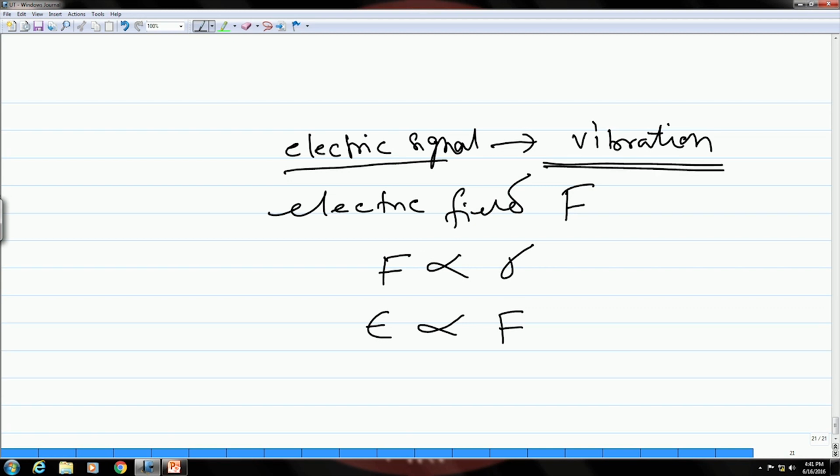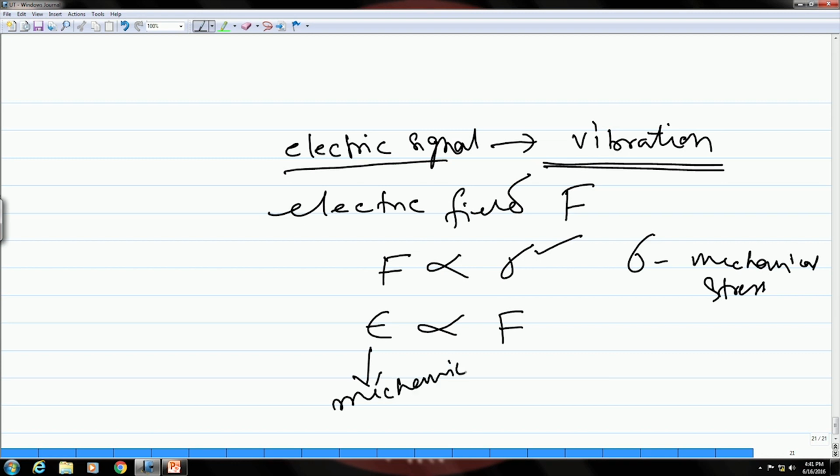Let us say if you supply an electrical field F, it will generate a mechanical stress sigma. Similarly, if you have a mechanical strain epsilon, it will generate this electrical signal.